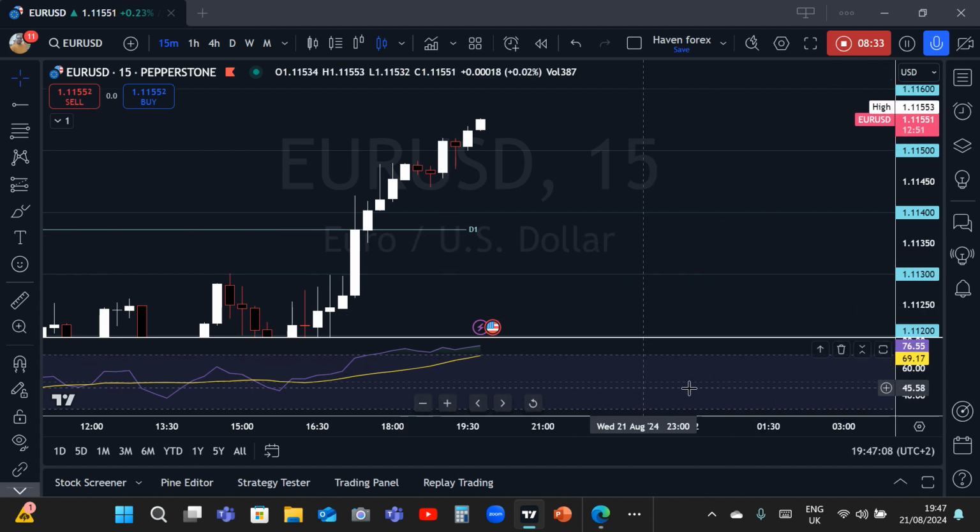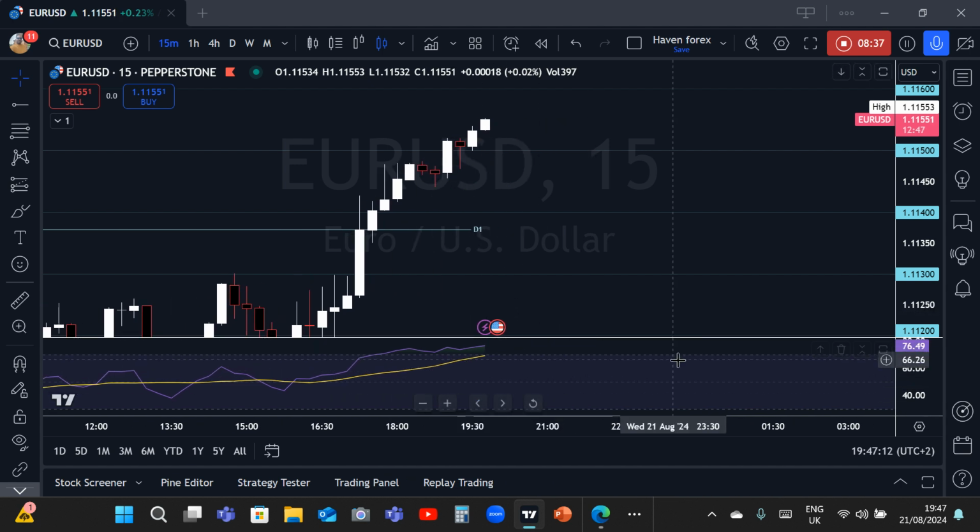When you look at it now, it's already above. This is 69.16. And if you look at this very one here, it's already pointing overbought because it's 76.31. The market now is overbought.